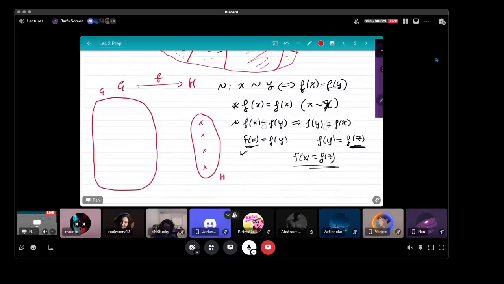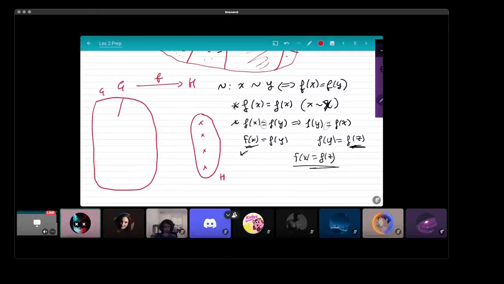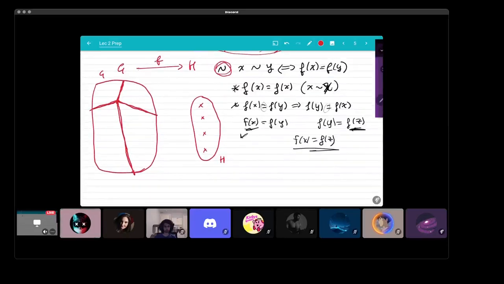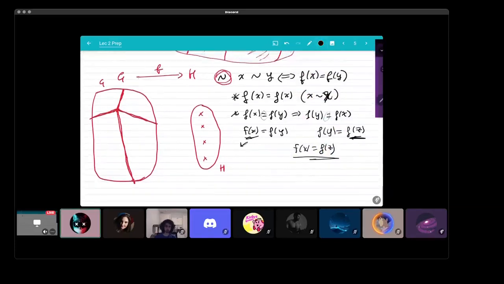We had that by the previous theorem, the existence of this gives rise to a way to subdivide G into non-overlapping subsets, a partition on the set. Now we're going to see what's the influence of the morphism.